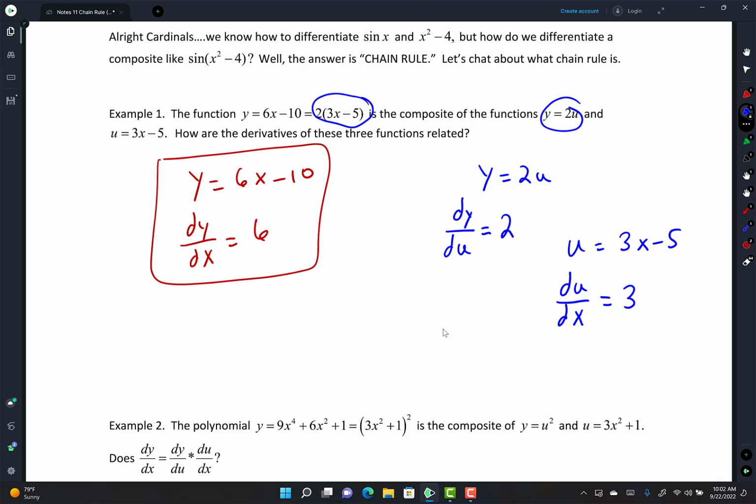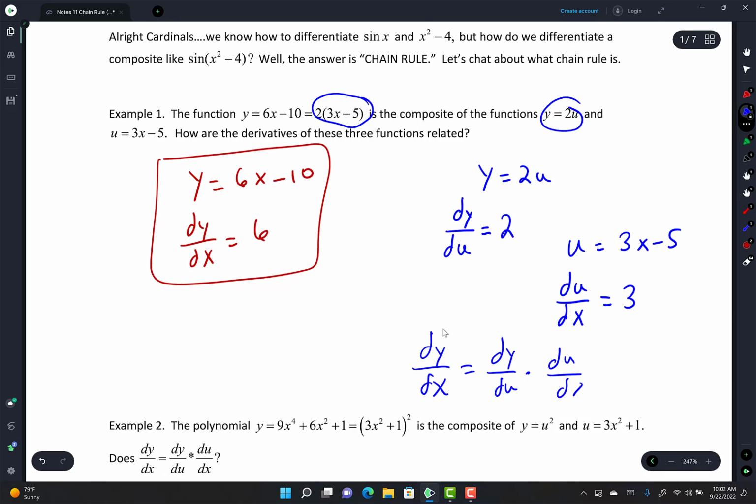Is everyone okay with the dy du and the du dx? Okay, but what if I told you I don't want dy du and I don't want du dx, I want dy dx? Hopefully you're going to look at it and be like, well, dy dx is nothing more than dy du times du dx, because I can see that the du's are going to cancel, and that will give me that dy dx that you want.